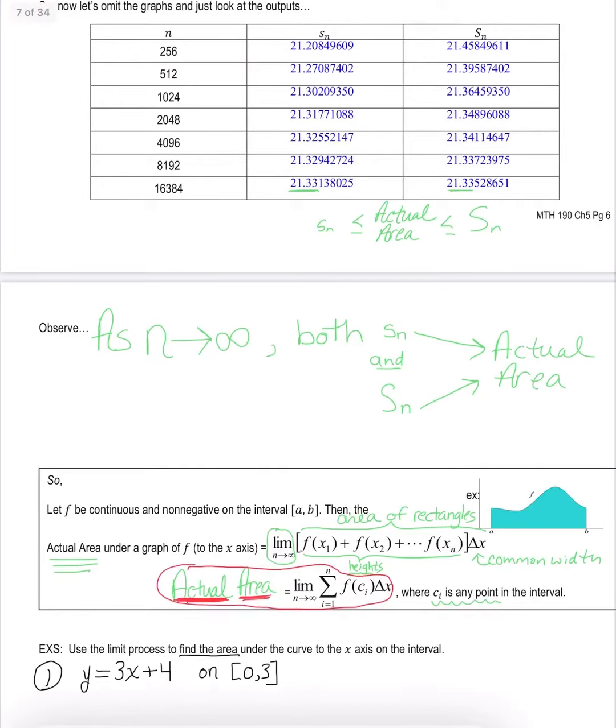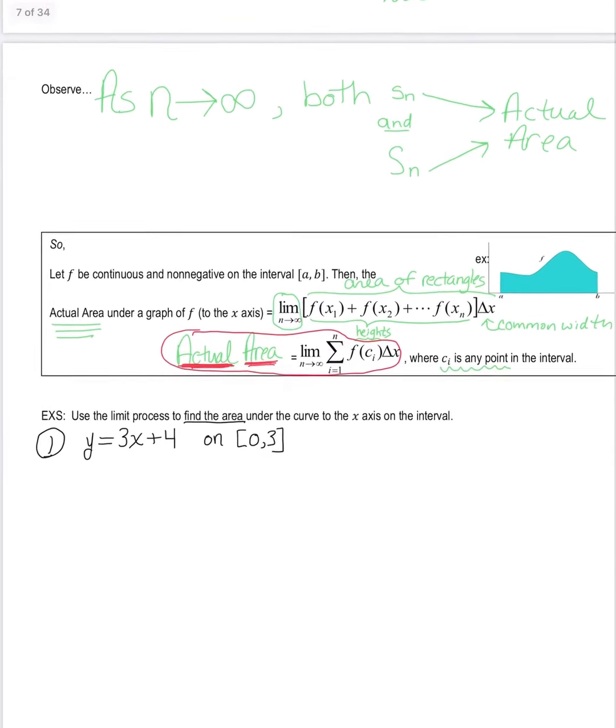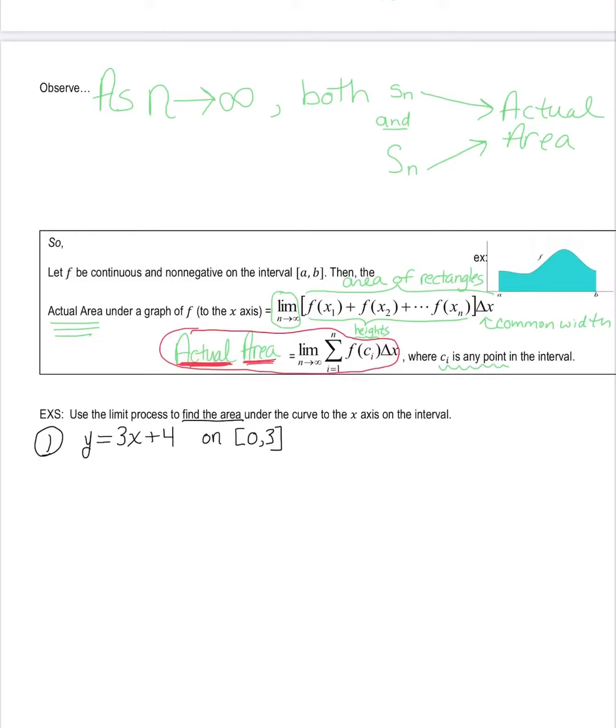All right, so let's start off and just begin with our definition. I'm finding the actual area, so here's what we know from our definition. The area is going to equal the limit as n goes to infinity of the sum as i goes from 1 to n of f of c sub i. Well, now we can start to get specific. f is really this function y equals 3x plus 4.